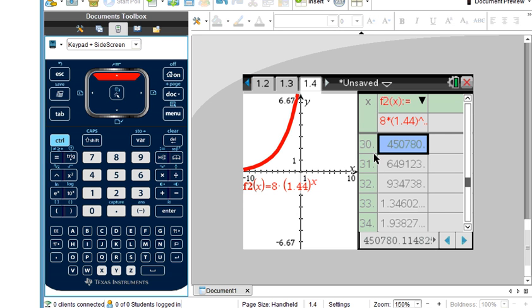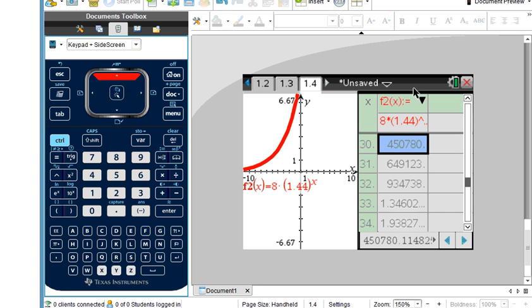So this is going to be during day 3. We go from x equals 30 to x equals 31. We go between 450,780 to 549, and we want 451, right? So that's going to be right around this 30. 451.